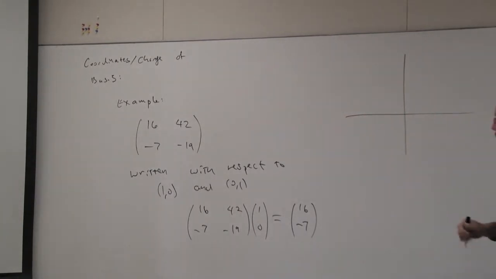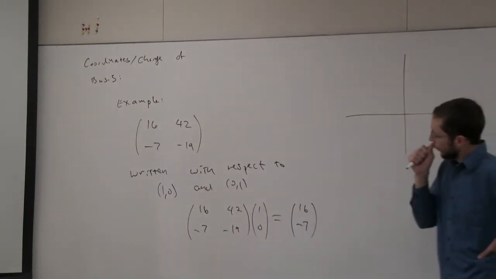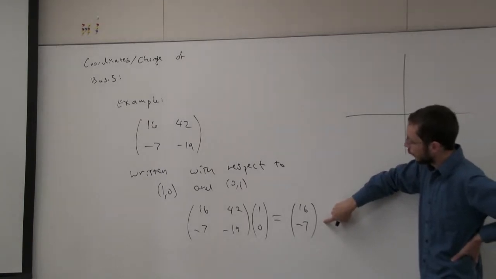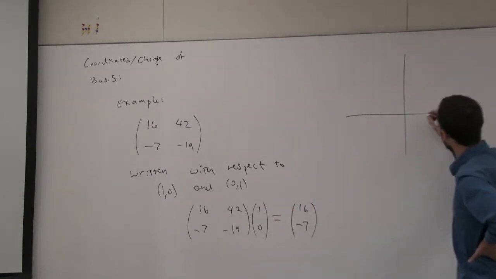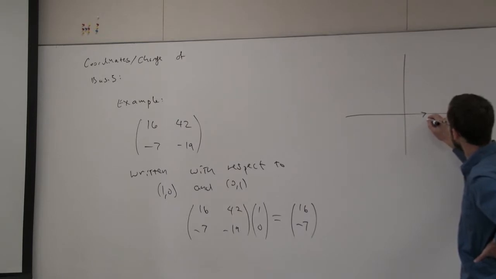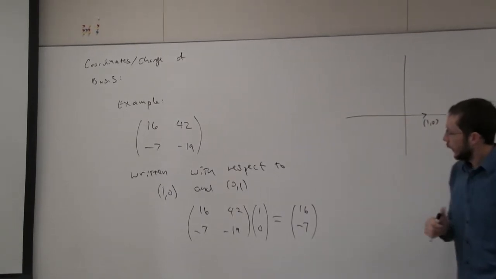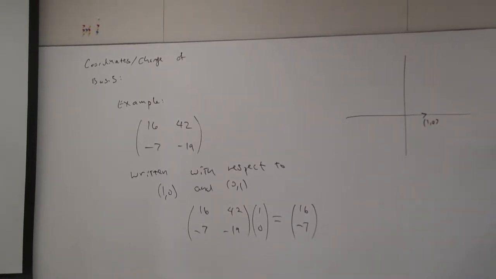And so just like last week, we can draw the geometry of what's going on here. We've got the input vector (1, 0), and the output is (16, -7), so something like way down here.